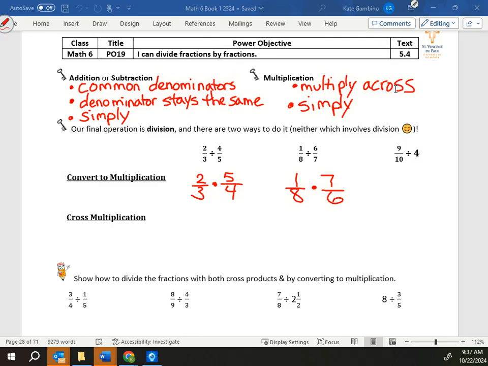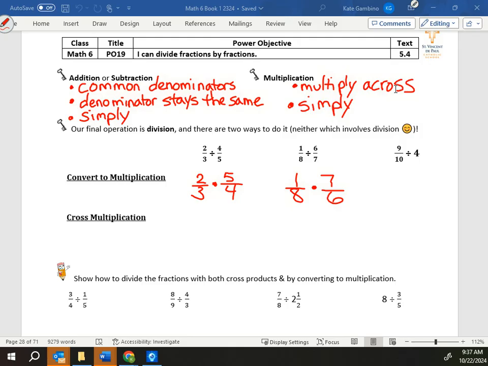When you flip that second fraction to its reciprocal, you flip to multiplying. Adeline. In the assignment, we're going to be solving them. Right now, I'm just showing us how to set them up. Okay? We know multiplying fractions, you multiply straight across, so I'm just showing us how to set it up right now. If we have 9/10 divided by 4, what do I convert that to?